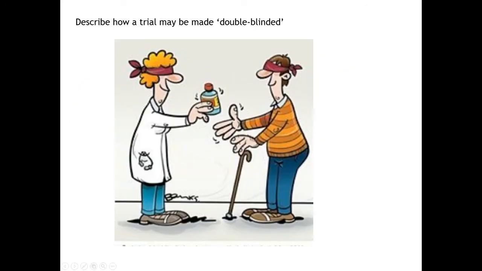Double blinding. In a double-blinded trial, neither the subjects nor the researchers know which group the subjects are in, to prevent a biased interpretation of the results. So, for example, if this was a cancer drug, you would be recruiting people into your trial who had potentially very life-threatening and serious cancers.